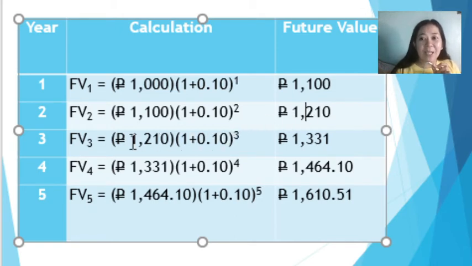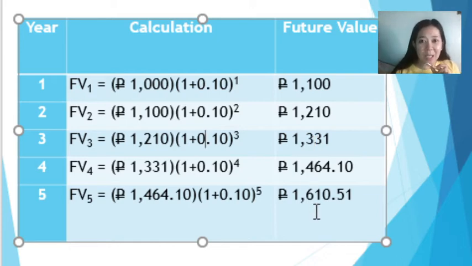For the third year, fourth year, and the fifth year, we will use the same concept. Again, we use the future value in the previous year, multiply it with the interest rate, and add that to the future value in the previous year to get the future value for the current year, and so on.